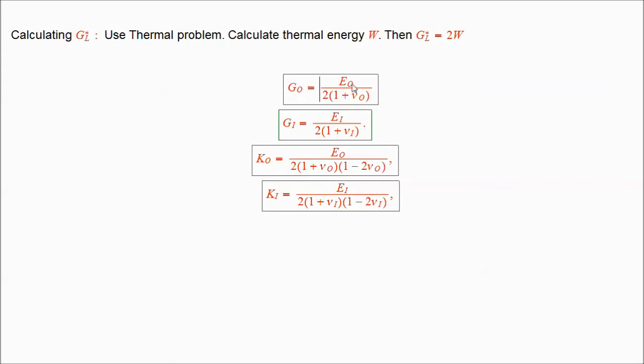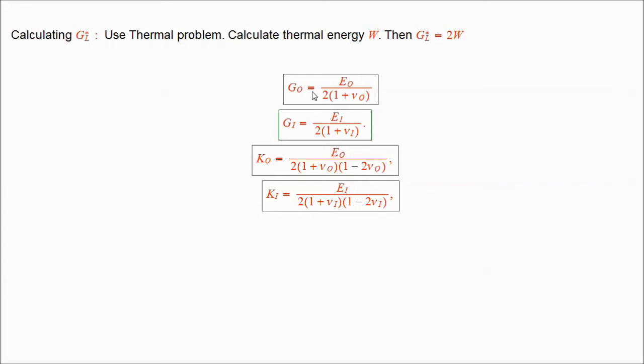The shear modulus is defined for the isotropic case like this: it's the Young's modulus divided by 2 times 1 plus the Poisson ratio of this material. And you have both these values, the Young's modulus and the Poisson ratio, in both materials, also in the inner material.